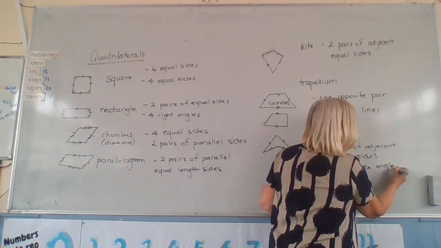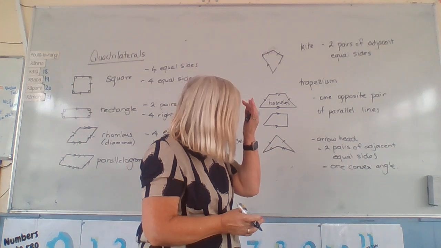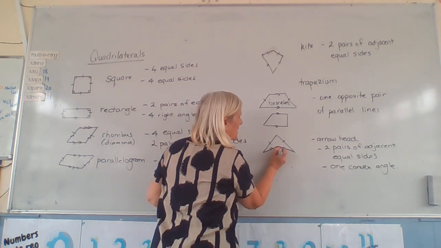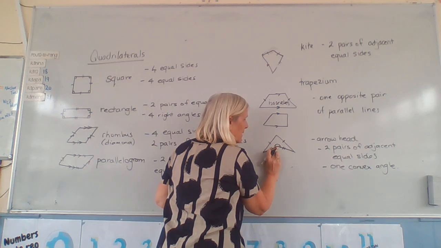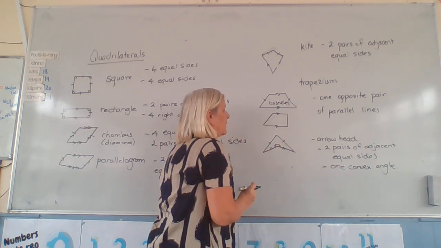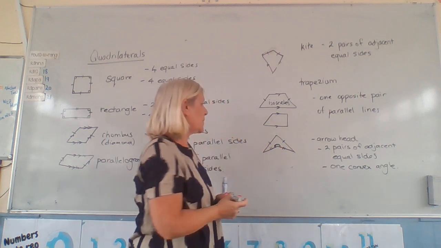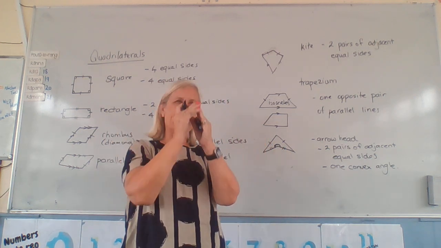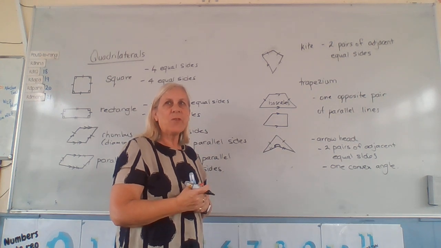All right, now there's one more. William. This is the convex angle here. This one. All right. Isn't that concave? No. So it's talking about it being going into itself. All right. Anybody? No, the last one.